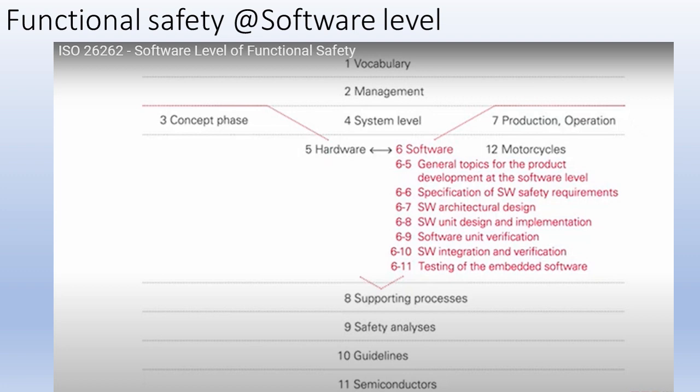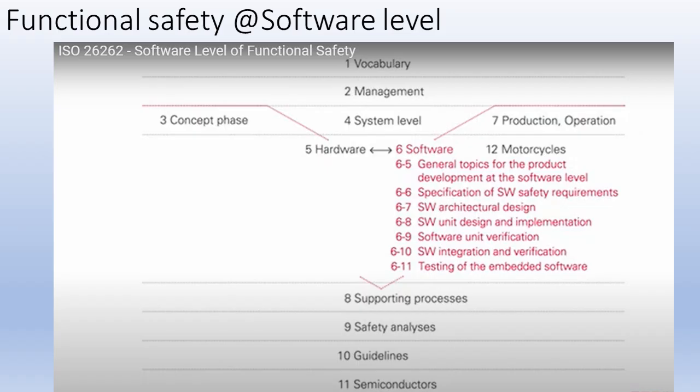As you can see, when you expand the software level, these are all the various topics that need to be touched upon in this particular session. The software level comprises the general topics of product development at software level, and let me tell you beforehand, all these things I will be elaborating in the coming slides.